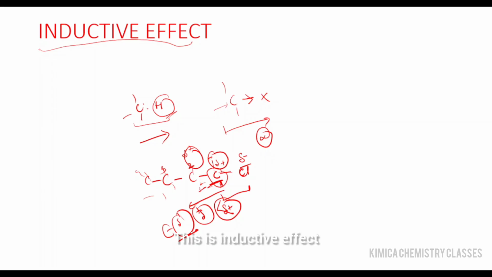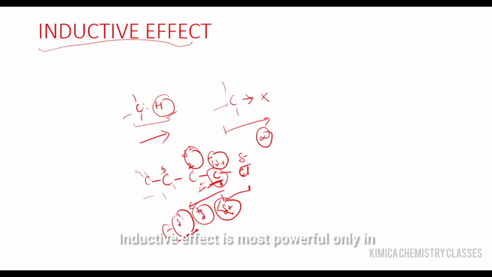This is the inductive effect. Inductive effect is the permanent displacement of electrons along the chain of carbon atoms due to the presence of a polar bond at the end of the chain. Inductive effect is also sometimes called a transmission effect.